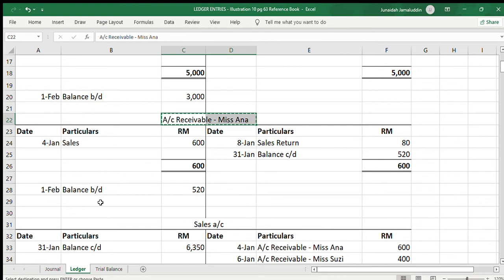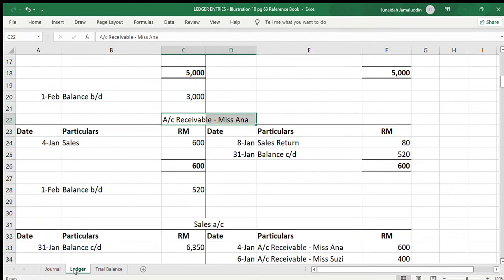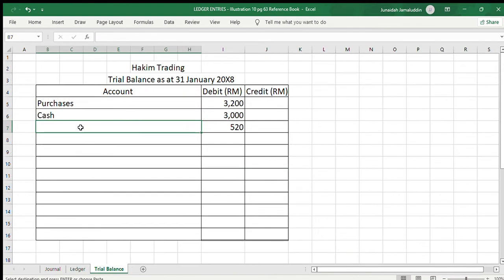Okay, balance BD dia belah debit, so kita akan transfer ke sebelah debit 520. Okay, so here madam just paste sajalah. Tadi tak copy ke? Okay, kita copy dulu. Oops, copy dulu dan kita paste kat sini lah. Account receivable.